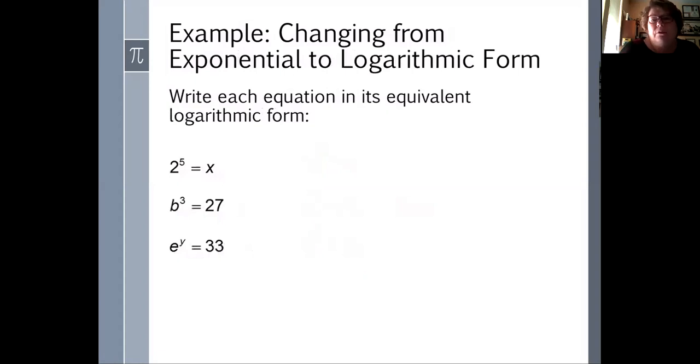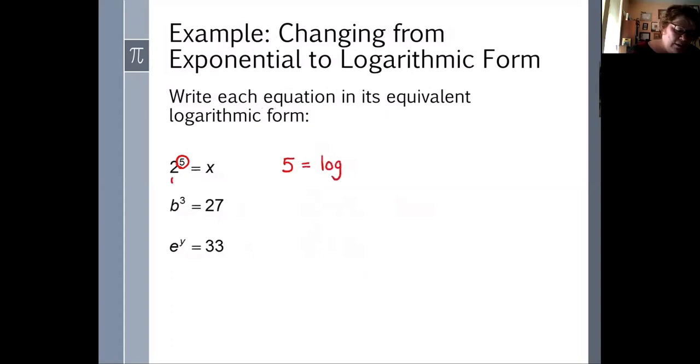So I have 2 to the 5th equals x. Now remember, my exponent is what my logarithm is equal to. So my exponent is 5. So we're going to write 5 equals log.